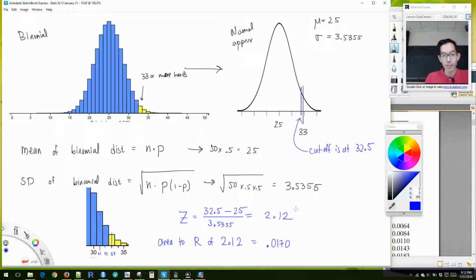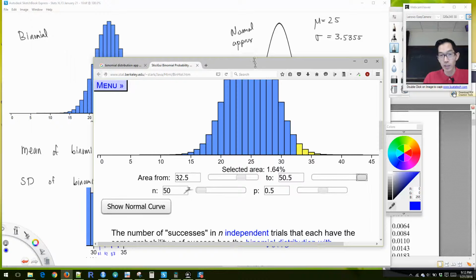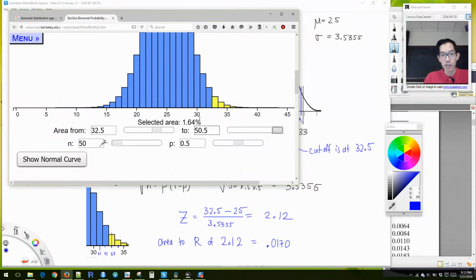So not a very good chance of winning. Okay, and here the online calculator says the exact probability according to the binomial is 0.0164.